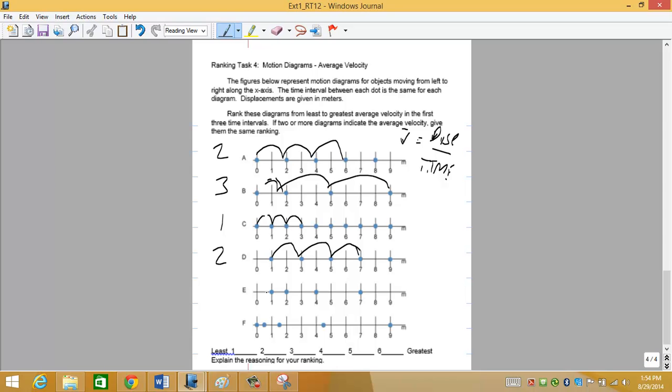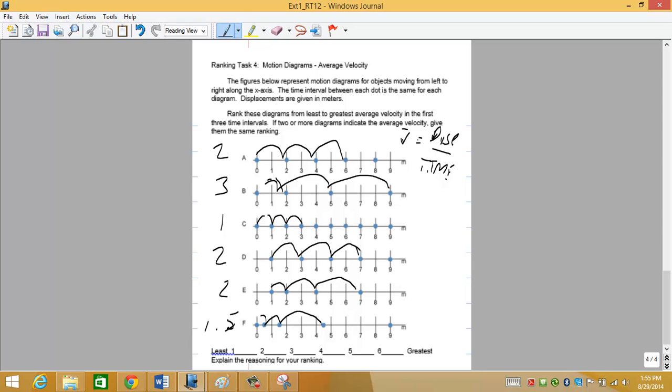In E, displacement 6, time 3 seconds, average velocity 2. And finally in F, I go from 0 to 4.5 in a span of 3 seconds. So therefore my average velocity, 1.5.